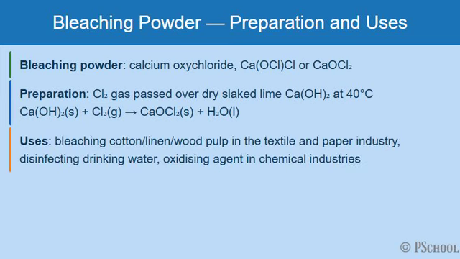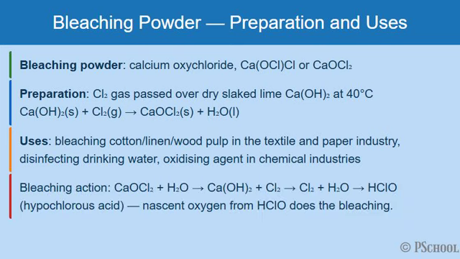Uses: bleaching cotton, linen, and wood pulp in textile and paper industries. Disinfecting drinking water. Used as an oxidizing agent in chemical industries. Bleaching action: the compound reacts with water to release hypochlorous acid, which releases nascent oxygen. This nascent oxygen does the actual bleaching.